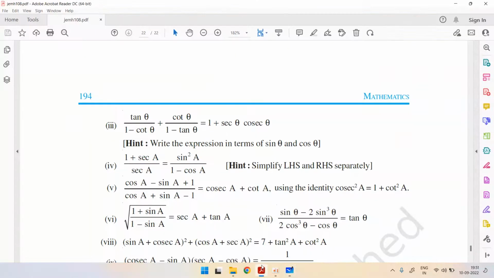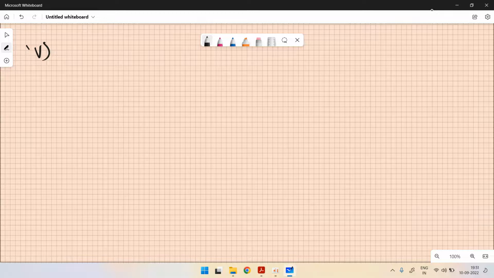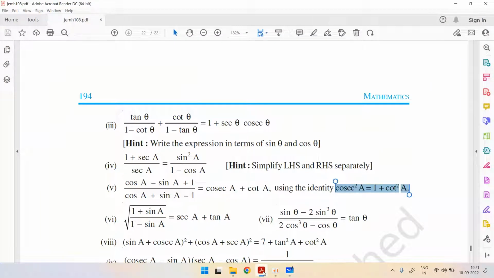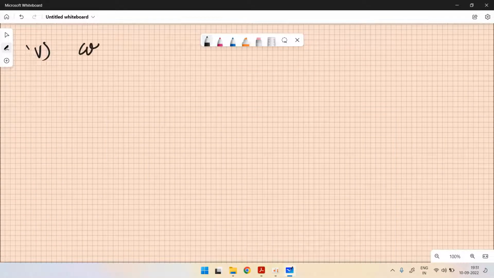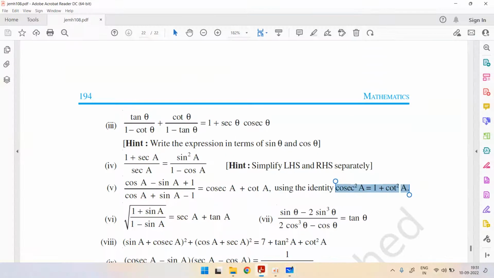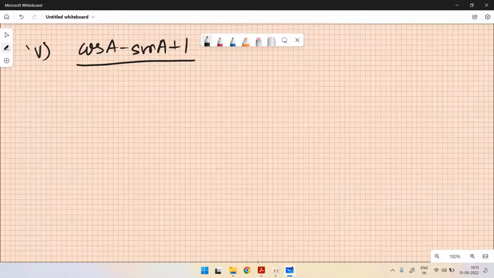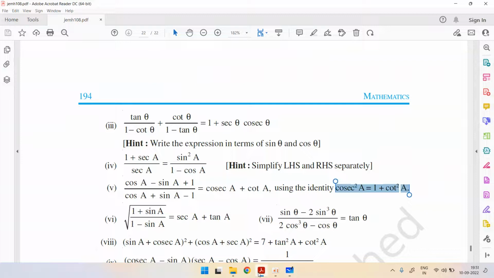So fifth is this: it is given that you need to use the identity cosec square A equal to 1 plus cot square A. So what is my LHS? LHS is given to be cos A minus sine A plus 1 by cos A plus sine A minus 1.